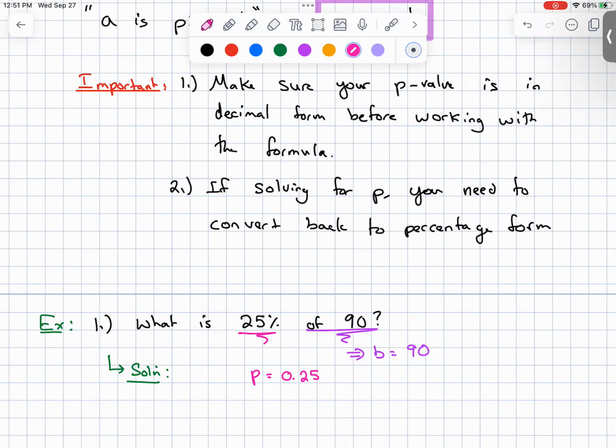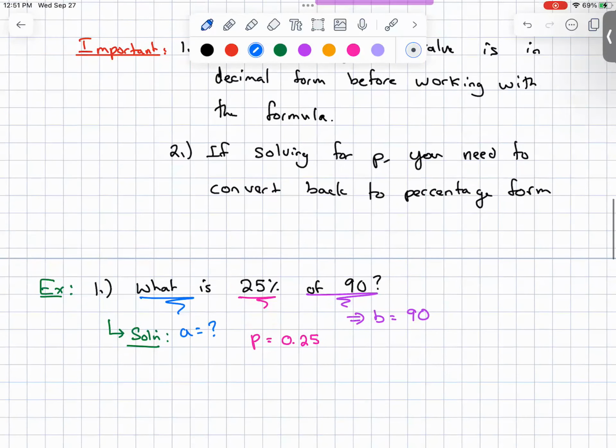And then the only other variable in the equation is A, right? What is that? Our A is our unknown. So A is equal to P times B. We don't necessarily need to write it; we could just plug it into the formula.